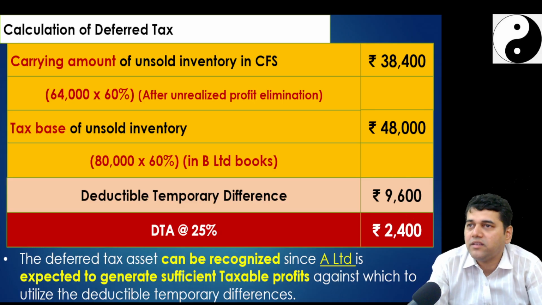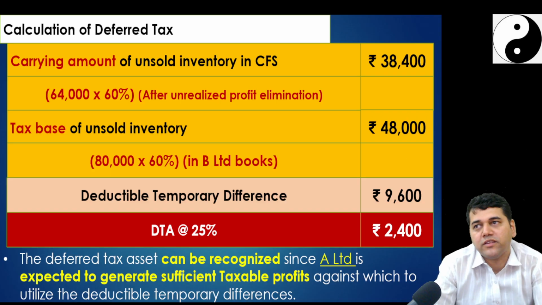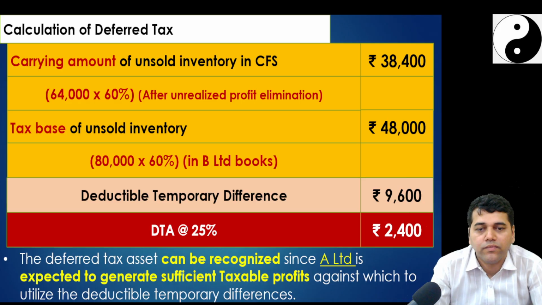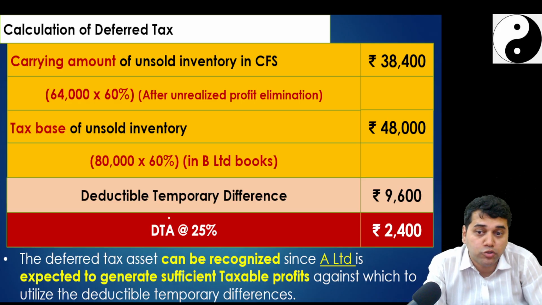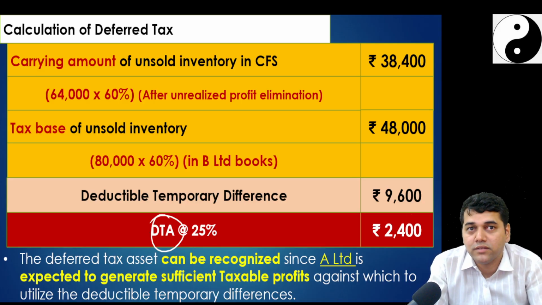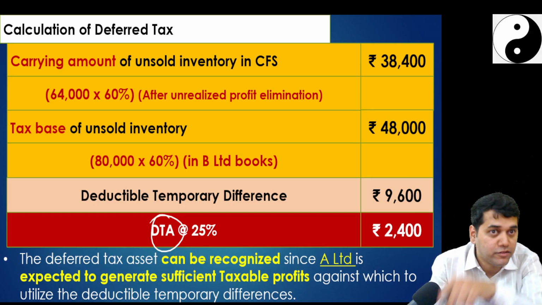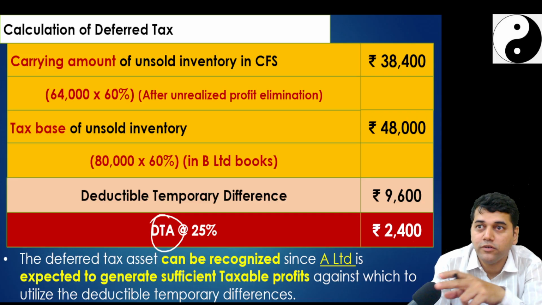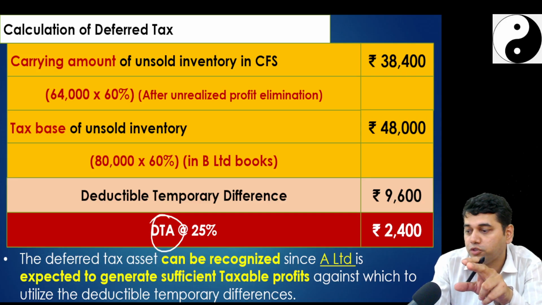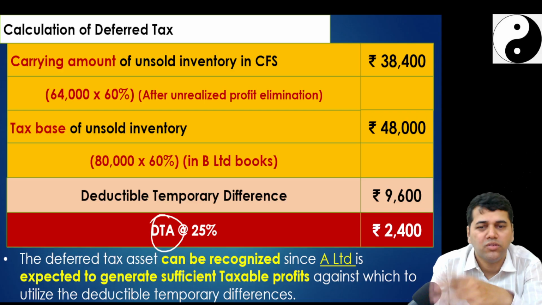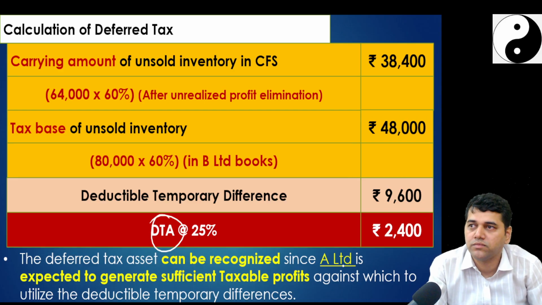In the suggested answer or in the study material, they didn't say that this is a current asset. But they said, since the deferred tax question came, can you recognize this? Yes. Why? Taxable profit. Have they told in the question that future taxable profit will be there? They have not told. Maybe you can take it as an assumption.